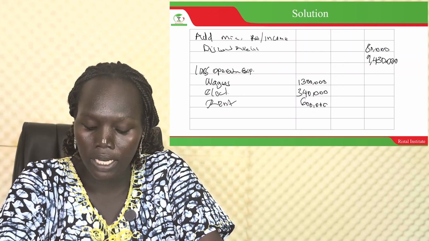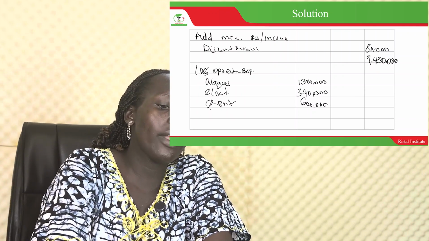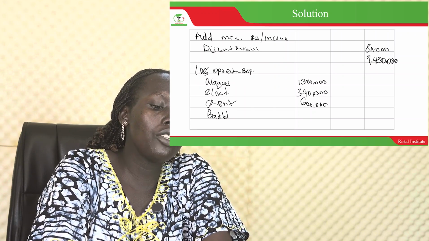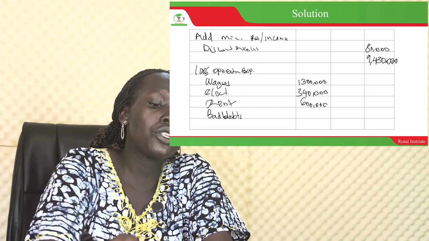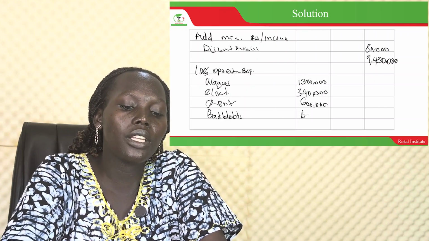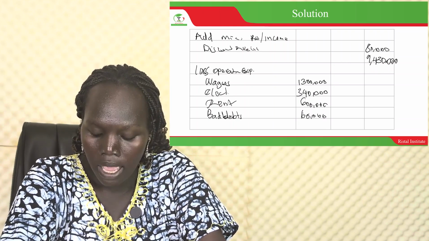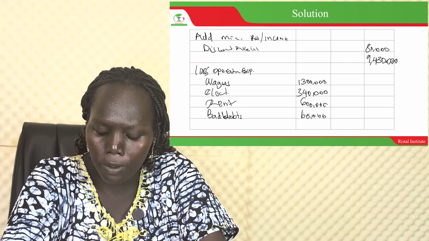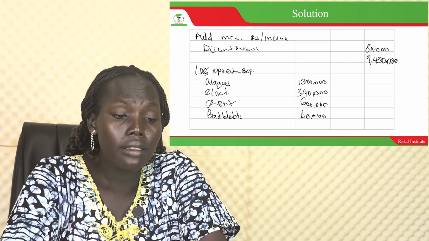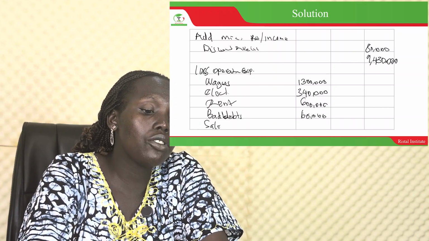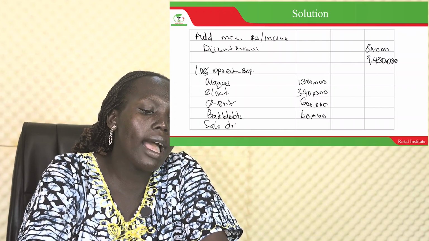And then they have told us that we have bad debts. So we are going to follow our additional information, which they told us the bad debts. We shall bring 60,000 as our bad debts. And then also you have what you call sales discount, we can call it discount allowed.